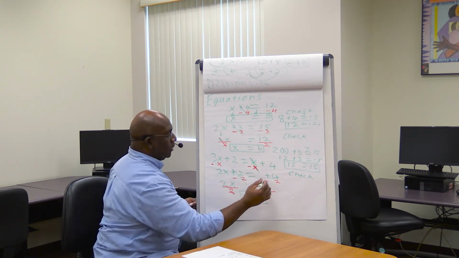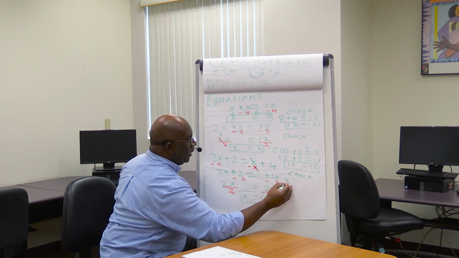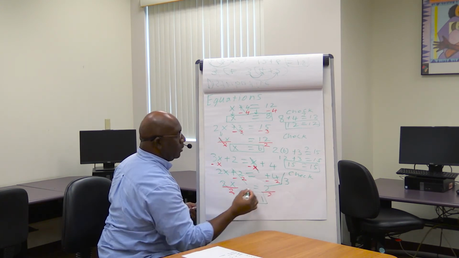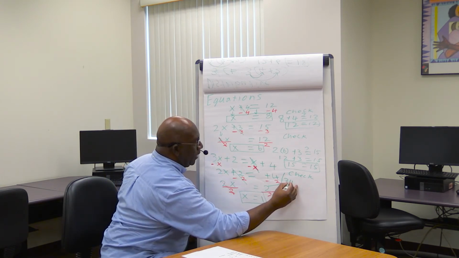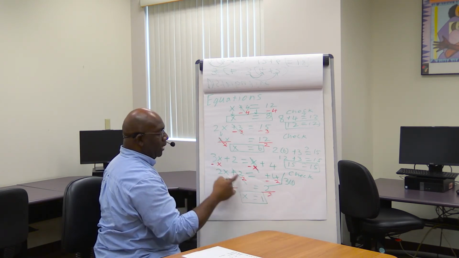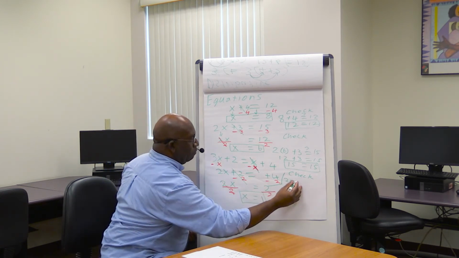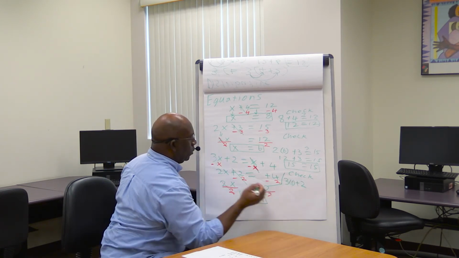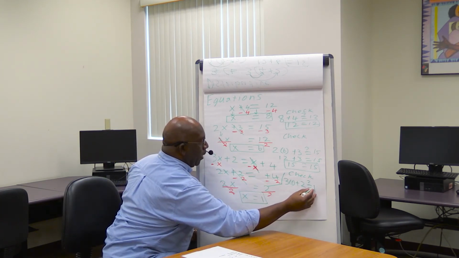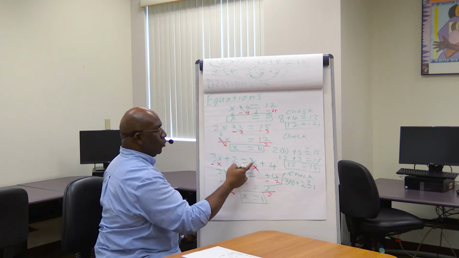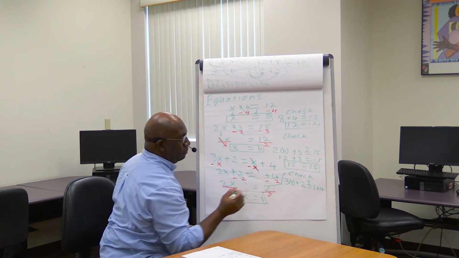So we're going to say, is 3 times 1, which is x, is 3x, or 3, 1, plus 2, equal to 1, which is x, plus 4?